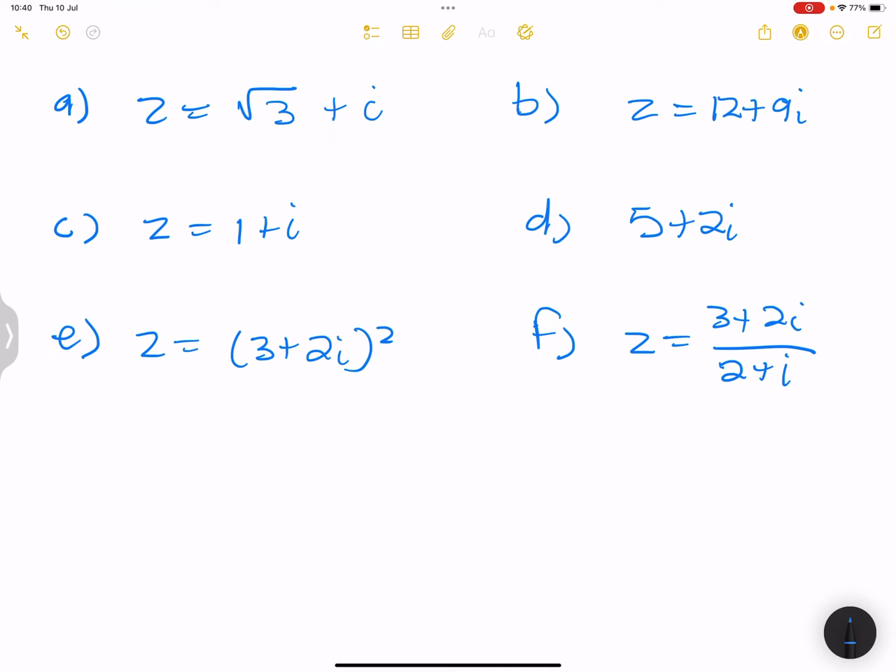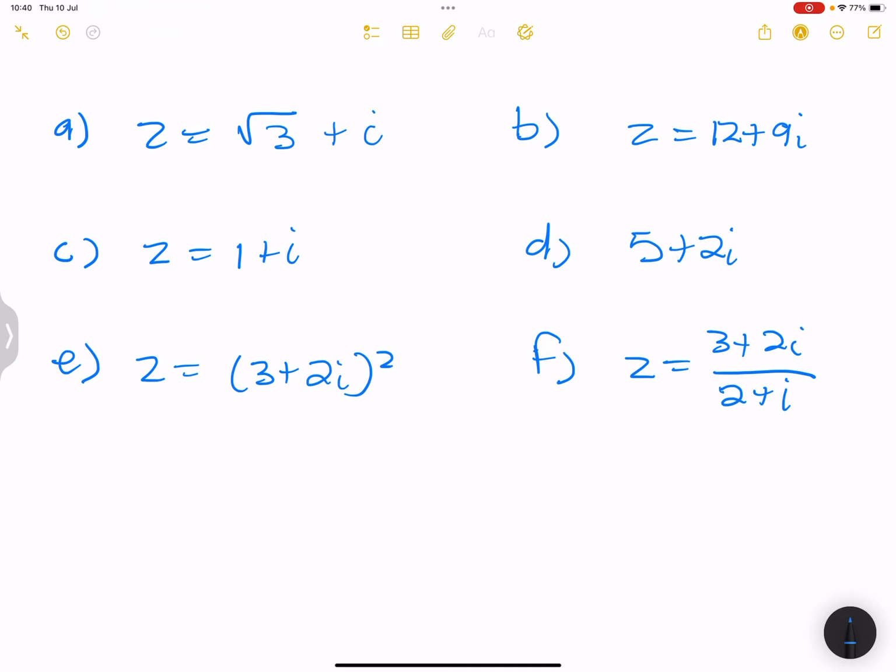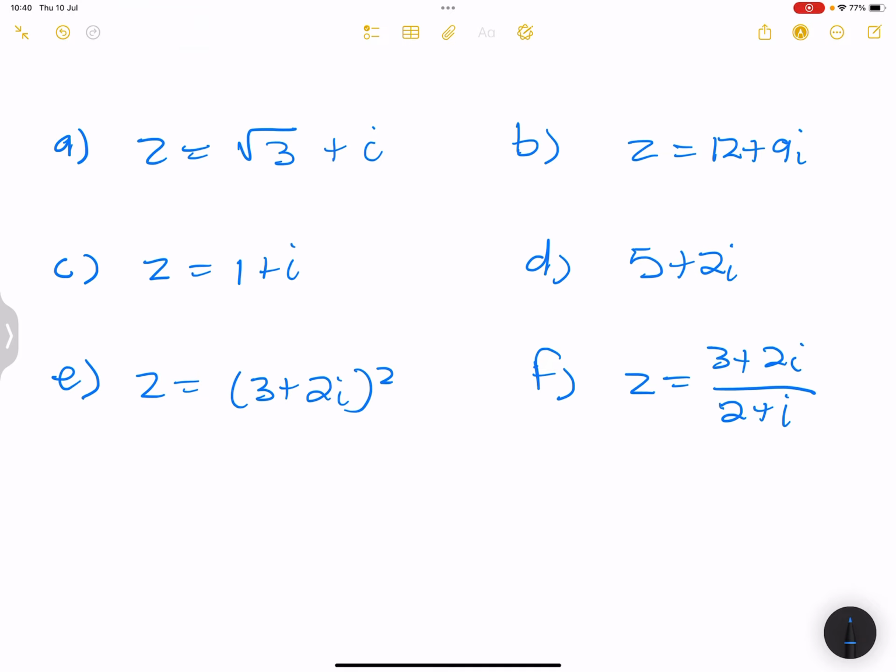Now, I'd want for you to attempt these questions first. I am going to do the first 3, and I'm going to allow you to do the rest. And if you want to see the solutions to these, I'm going to include the solutions on the membership section. So for those of you that are members, you'll be able to see that on that section.